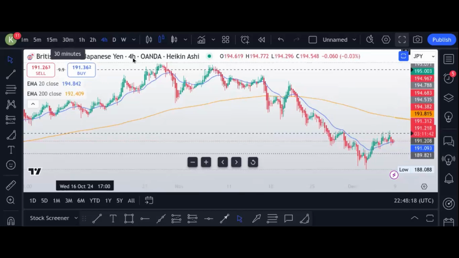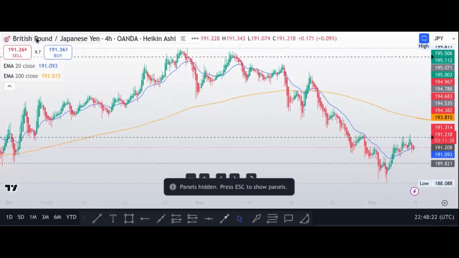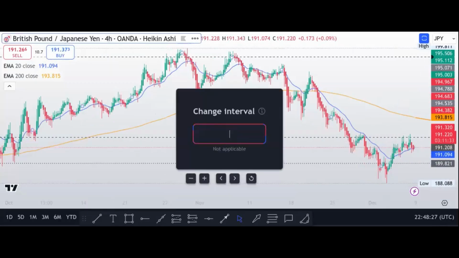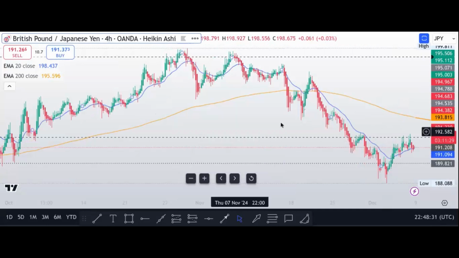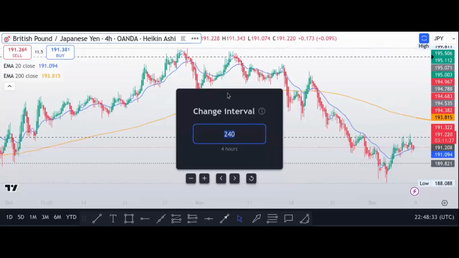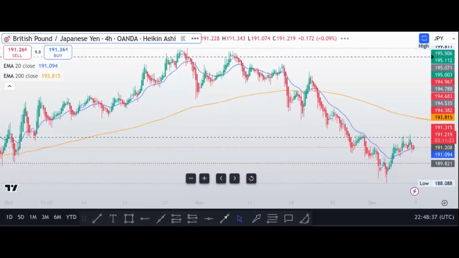However, let me give you a full screen mode. If we scale down to the 15-minute time frame, for those of us who trade the lower time frames. Oh, I pressed the wrong thing. My bad. 15 minutes. There we go.